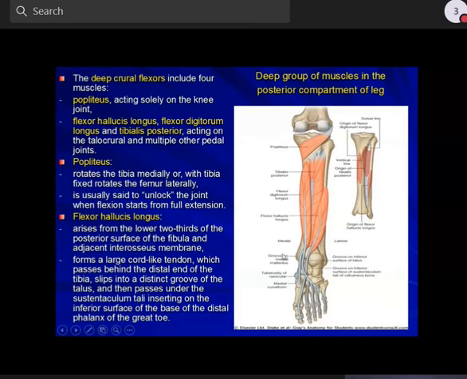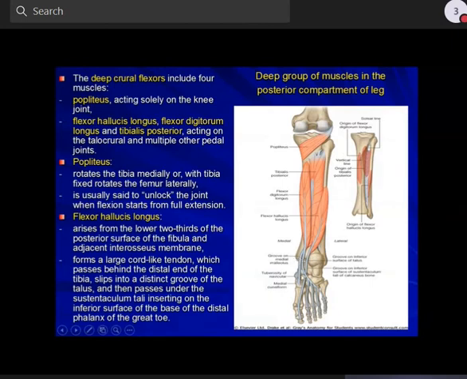The fulcrum is a transverse axis joining 2 malleoli, medial and lateral malleoli. And these 3 flexors are responsible for plantar flexion of the ankle joint.